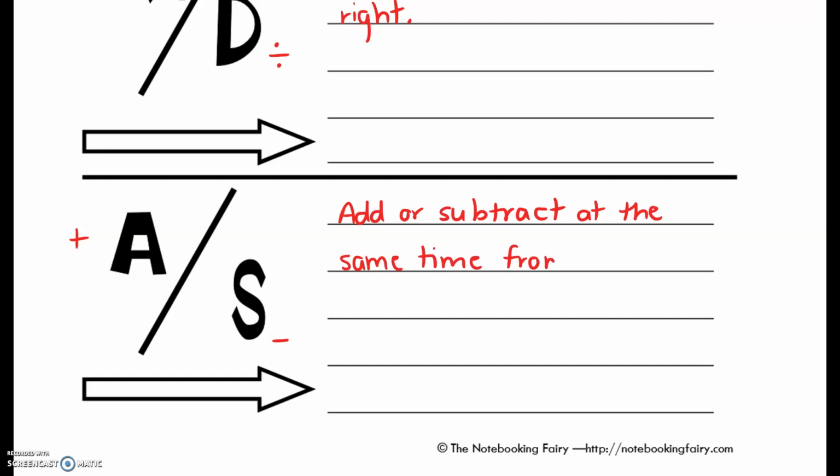So again, if subtraction happens to come up before addition as we're going from left to right, we will complete the subtraction before we would complete the addition. Okay? It doesn't matter, we just have to go in order from left to right.